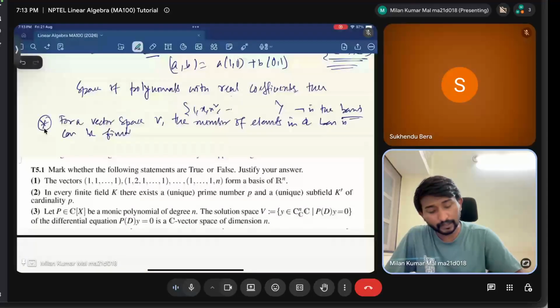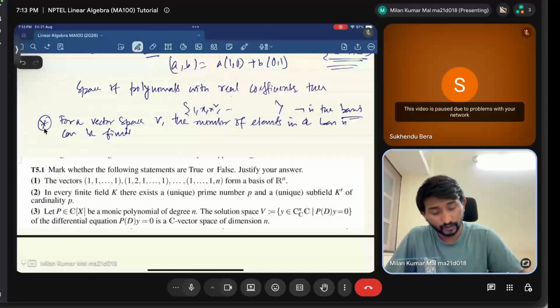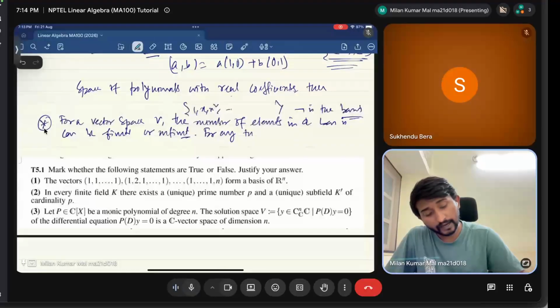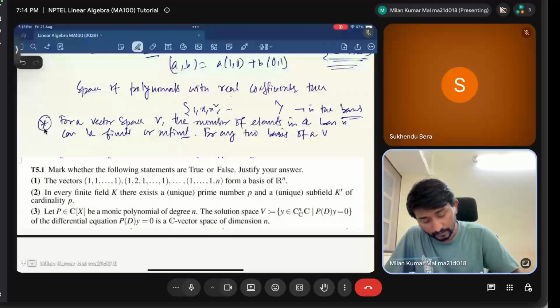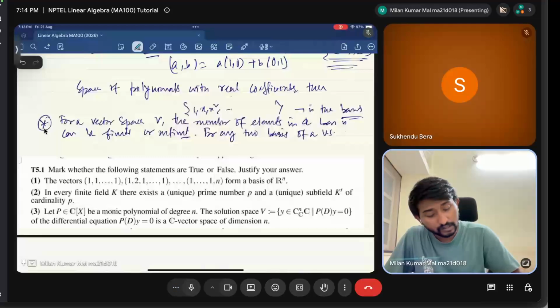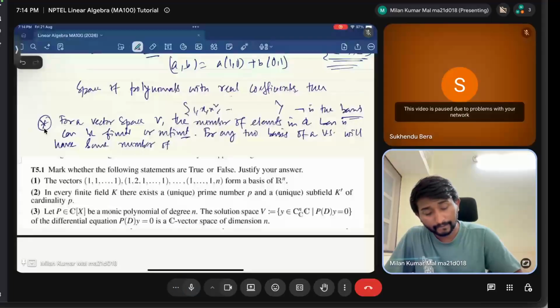Any two bases of a vector space will have the same number of elements, which can be finite or infinite.